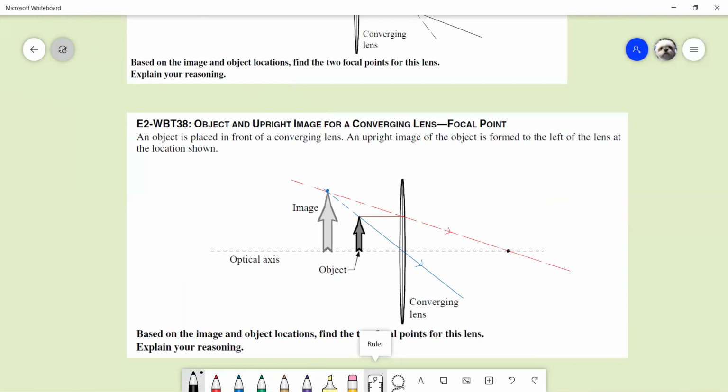So therefore, they said two focal points, right? There should be another symmetric point here. So it will be here, approximately. Good. All right.